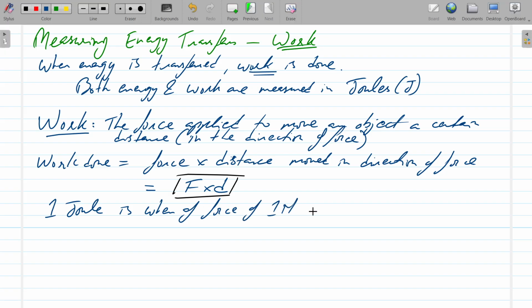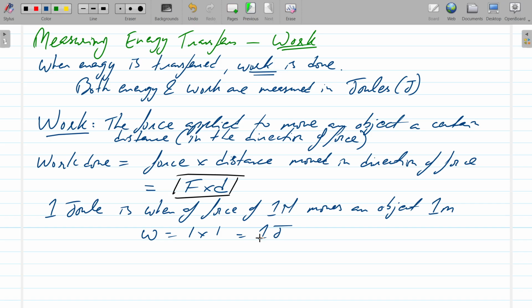One Newton moves an object 1 meter. Right, so we know work equals F times D, which is 1 times 1, which is 1 joule.